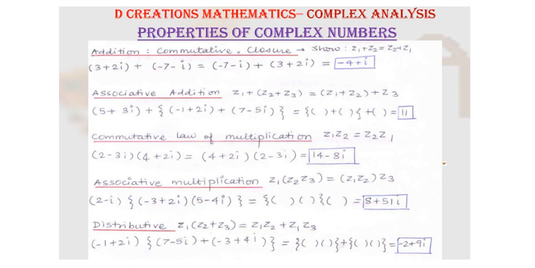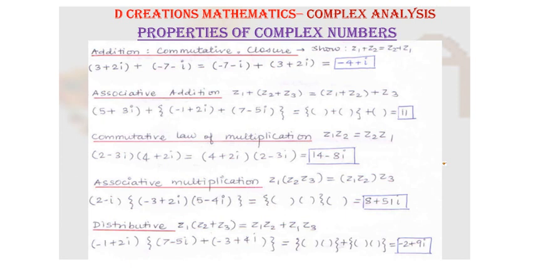So if you consider three complex numbers, 5 plus 3i, minus 1 plus 2i and 7 minus 5i. Now whether you first combine minus 1 plus 2i and 7 minus 5i to get 6 minus 3i, to which if you add 5 plus 3i, you are still going to get the answer as 11.